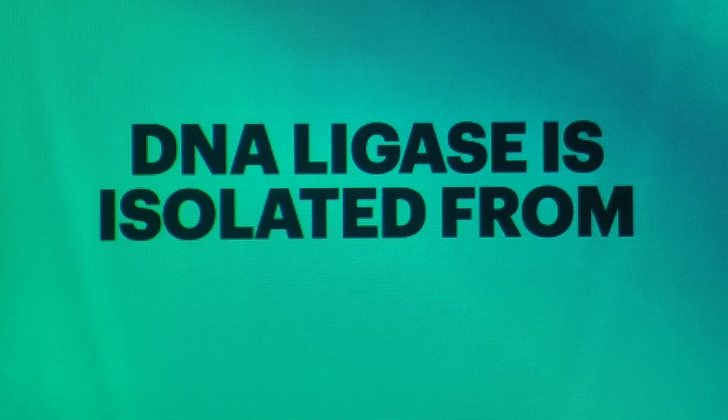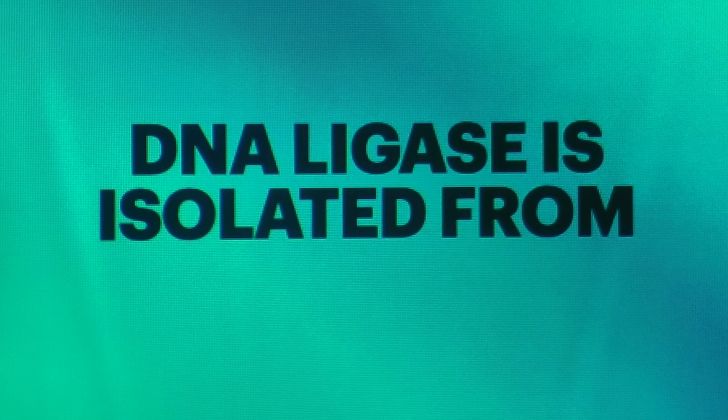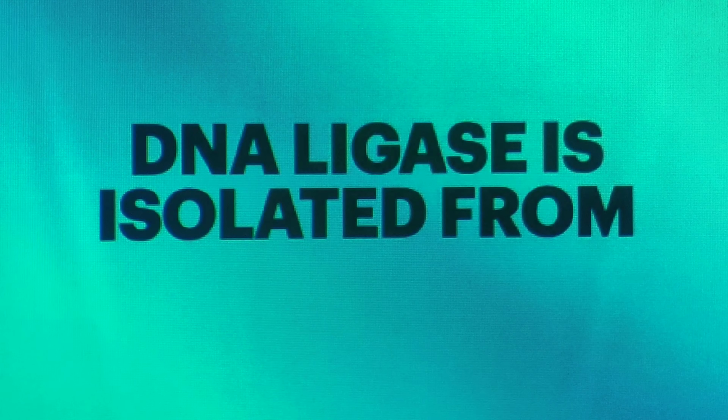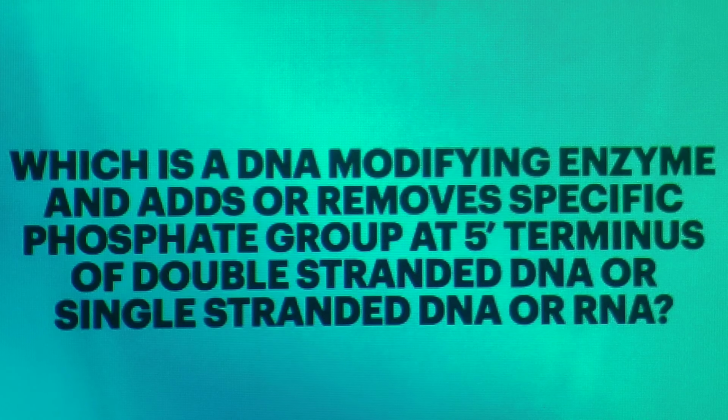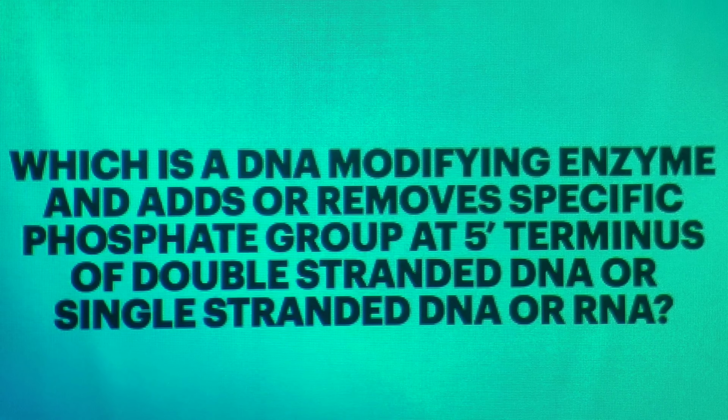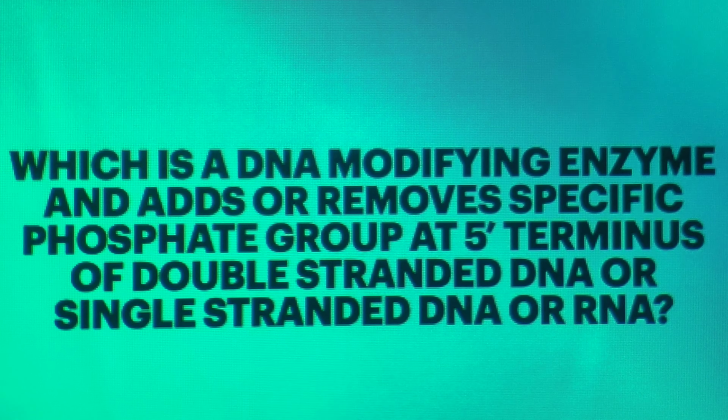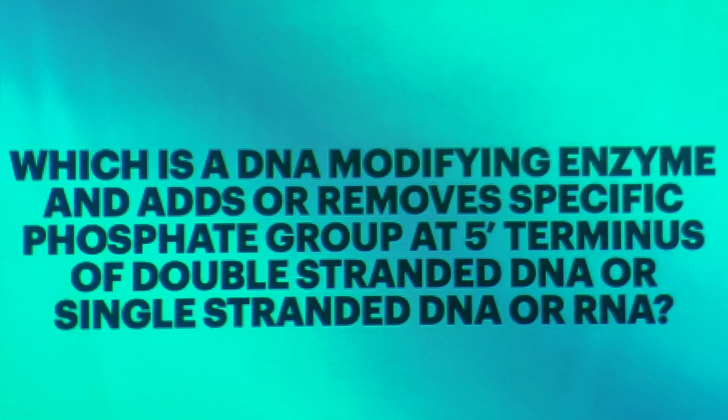DNA ligase. DNA ligase is isolated from T4 bacteriophage, which is a DNA modifying enzyme and adds or removes specific phosphate groups at the 5' terminus of double-stranded DNA or single-stranded DNA or RNA.